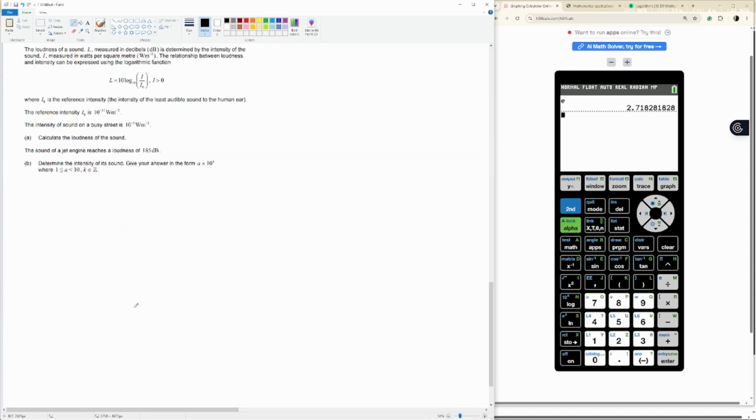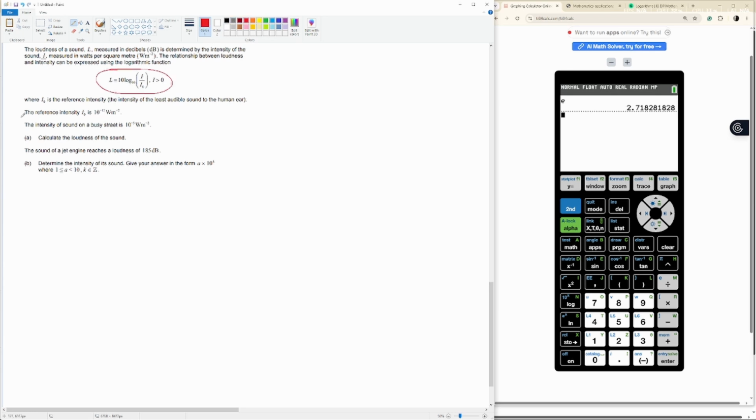So let's end this with an exam question to make sure that you actually understand the topic. The loudness of a sound L measured in decibels is determined by the intensity of the sound I, measured in watts per square meter. The relationship between loudness and intensity can be expressed using the logarithmic function.